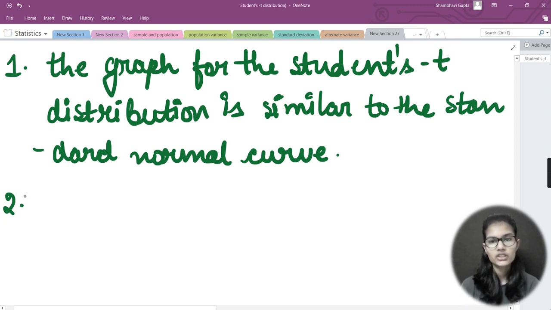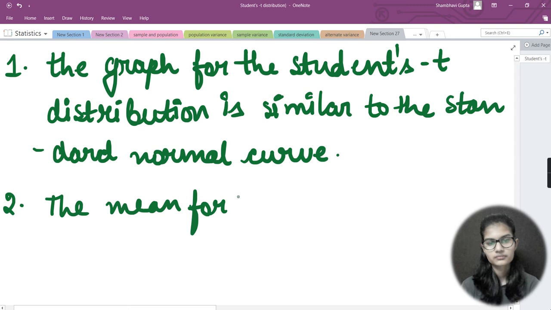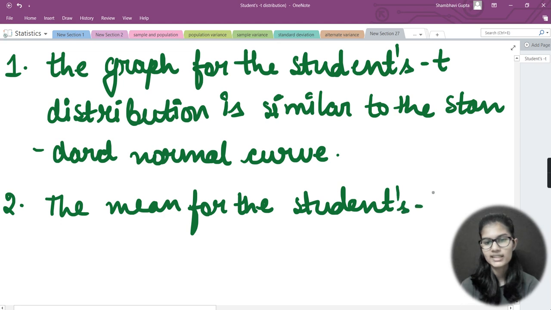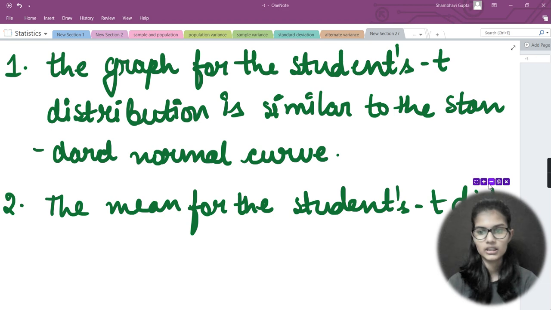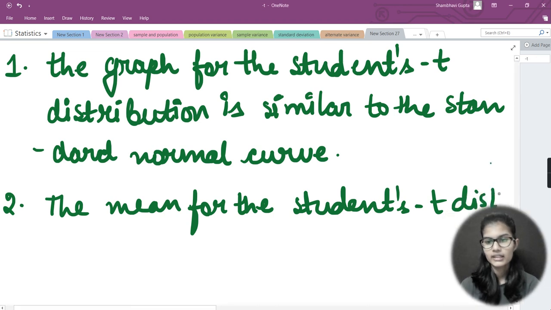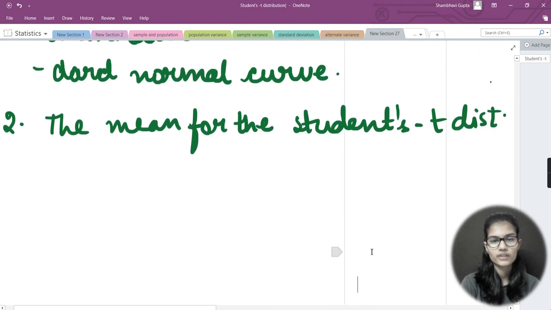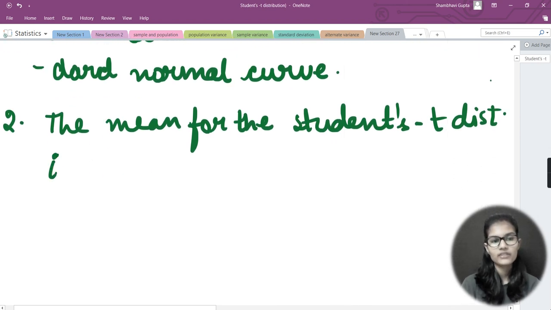Now the second property for the student's T distribution is that the mean for the student's T distribution is 0. If we calculate the mean for the student's T distribution, it will always come as 0.